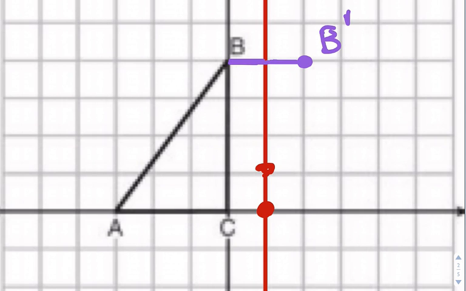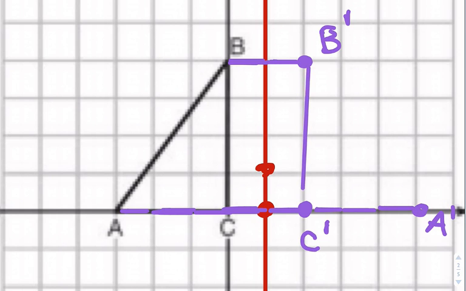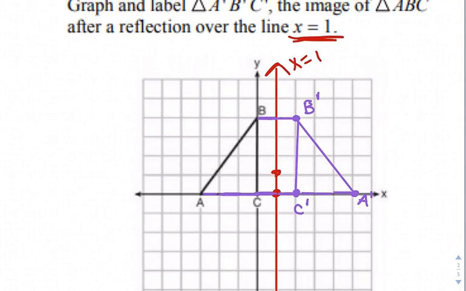I'm going to repeat that with C and A. So again, I start at C, I count 1 space over, which means I have to go 1 space over on the other side and plot my point. So that's C prime. Lastly, we have to do A, so that's 1 space, 2, 3, 4, so I got to go 4 on the other side. So 1, 2, 3, 4, and that would be my A prime. Then I'm just going to connect all of my dots together.